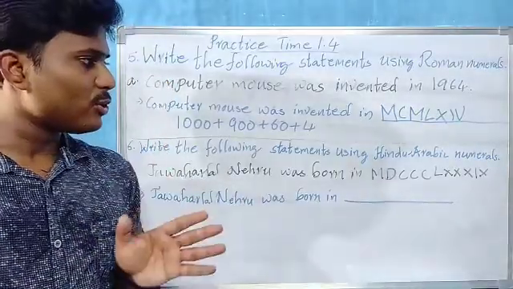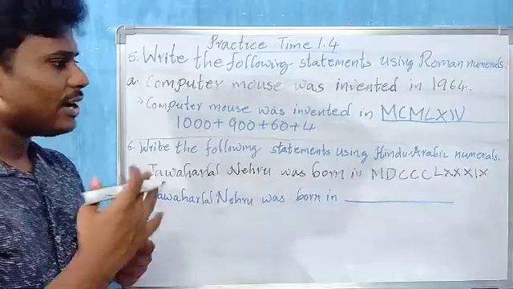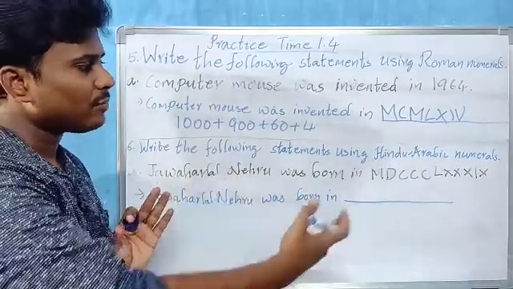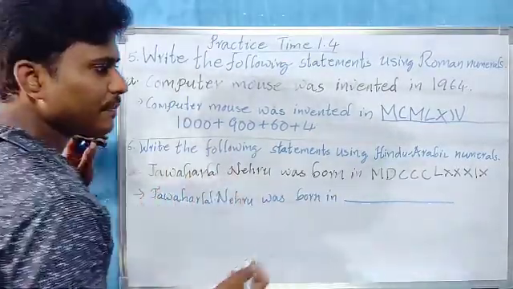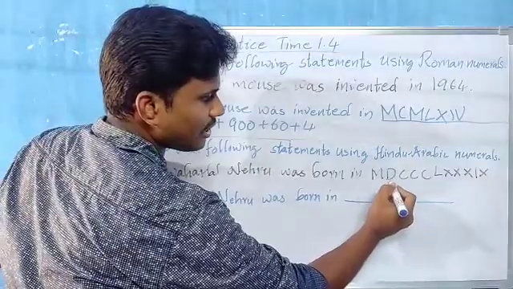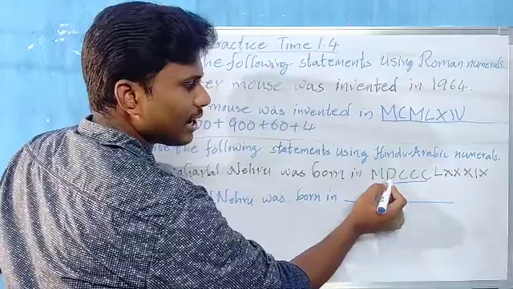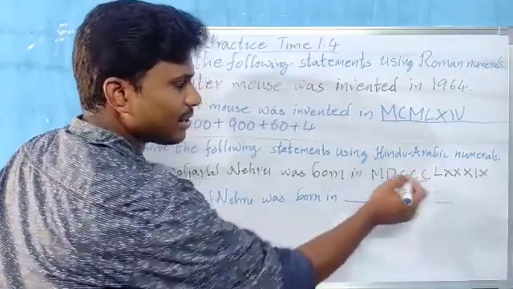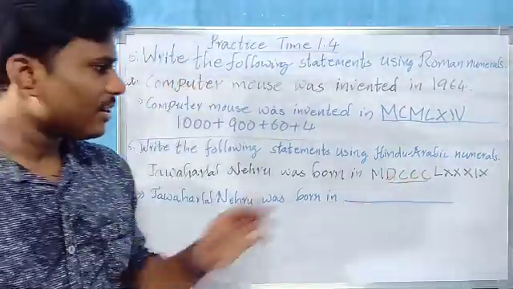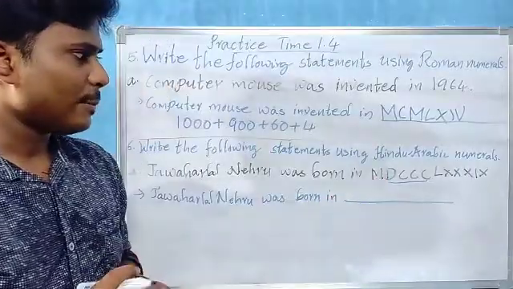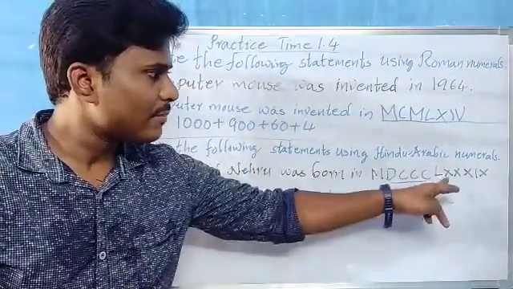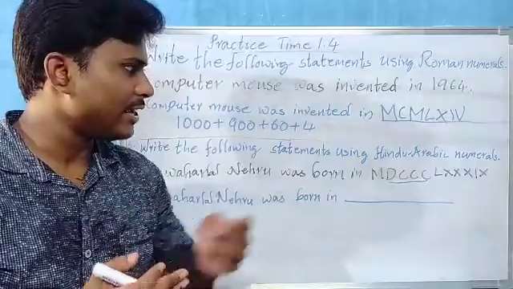So as per rule 2, when smaller value symbols are kept on the right of the bigger value symbols, we have to add. So 1000, children, and this entire we have to add: 1000, and this is 500 plus 300. How much, children? 1800. L is 50.